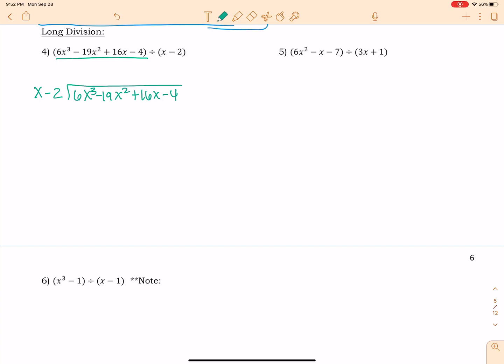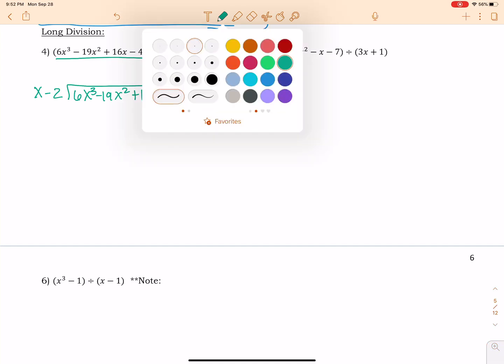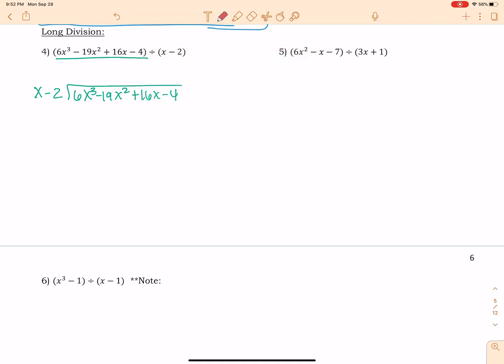All right, so you're just looking at one term at a time here. So I'm just going to look at this x right here. I am going to ask myself, what do I need to multiply that by in order to get 6x cubed? Well, x times 6x squared will give me that.